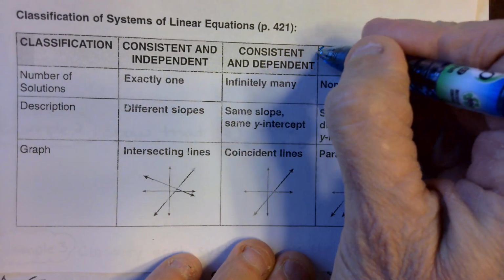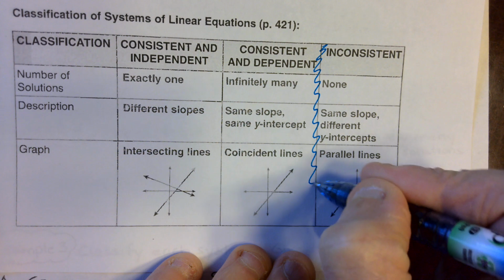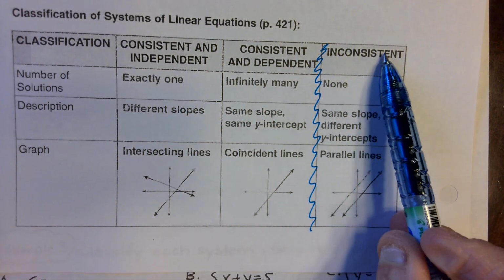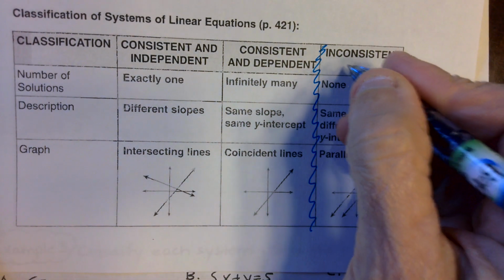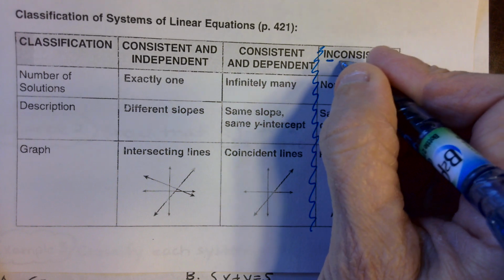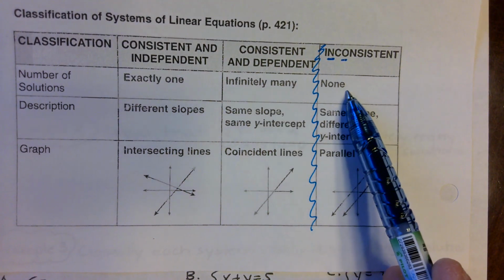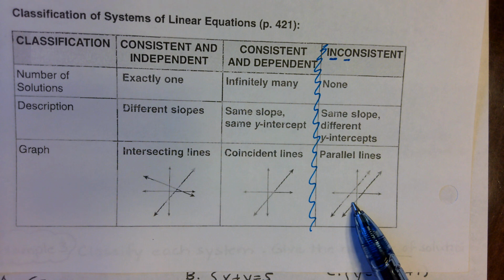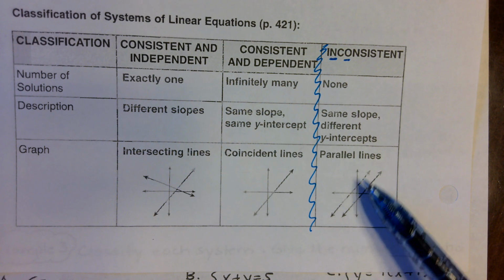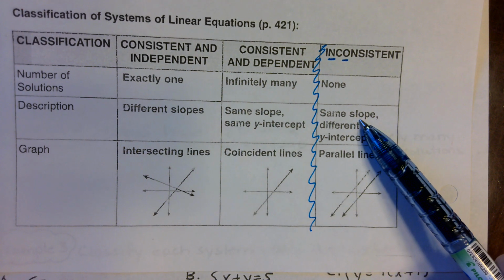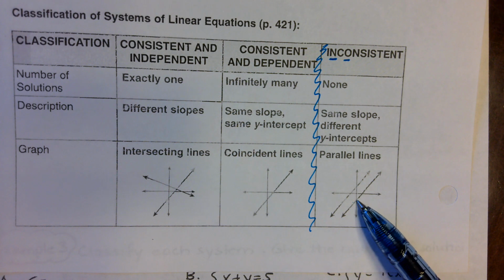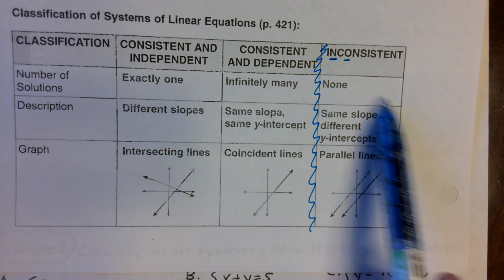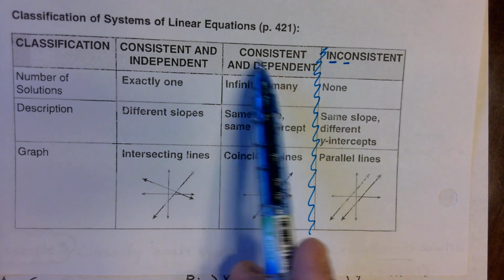I just want to review that the consistent two are right here. I'm just going to draw a line separating them. We got the inconsistent, the no solutions, the parallel lines. Parallel lines are going to have the same slope but different y-intercepts. When they're consistent, that means they have some sort of a solution.